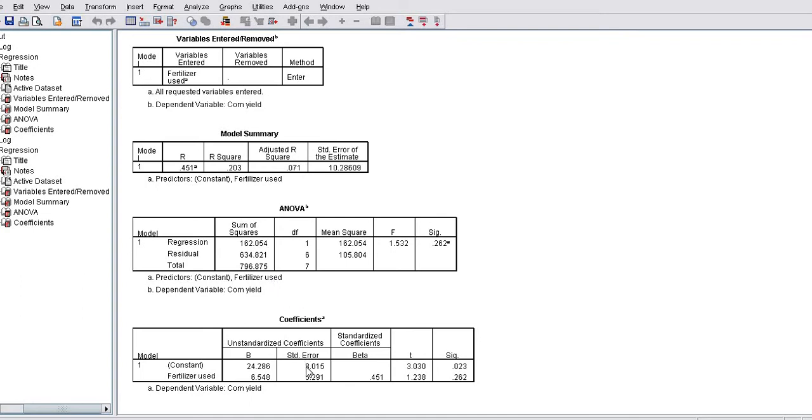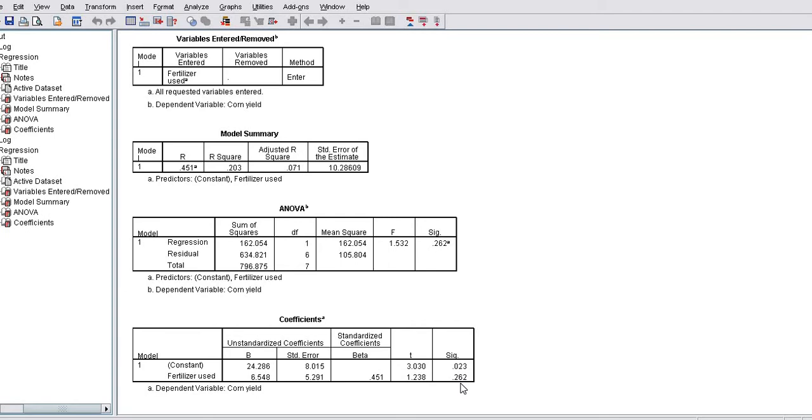Here the standard errors of the values of a and b are given, and the t values. The intercept is a significant factor, whereas for the regression coefficient b the p-value is 0.268, which is not less than 0.05. So fertilizer is a non-significant factor in this model.